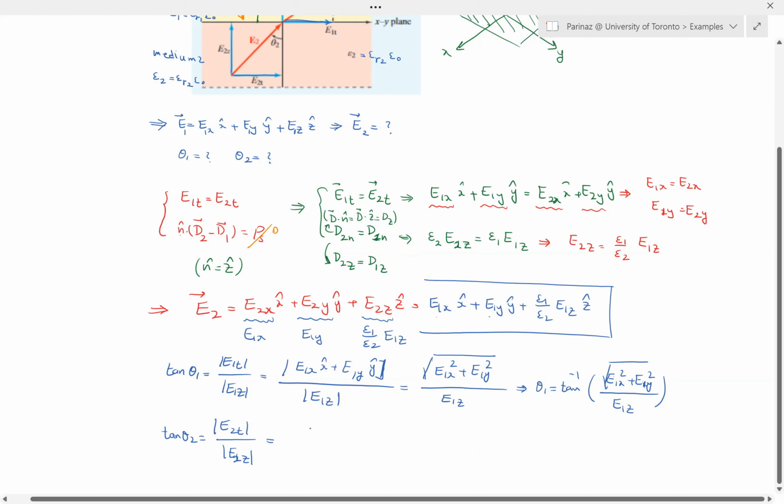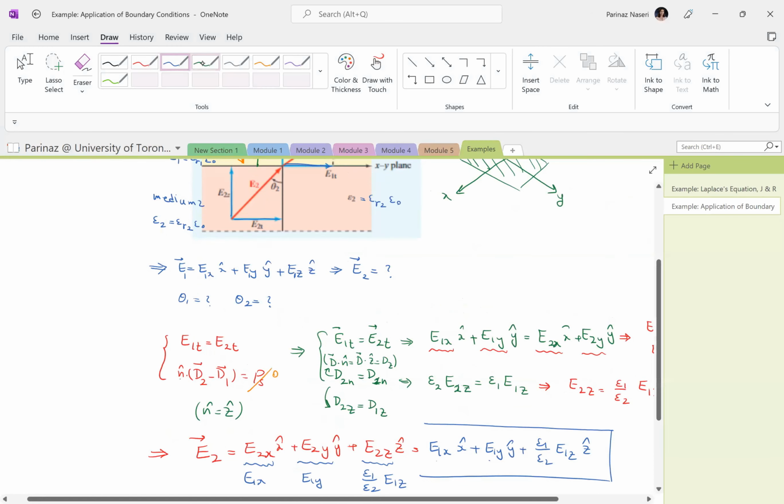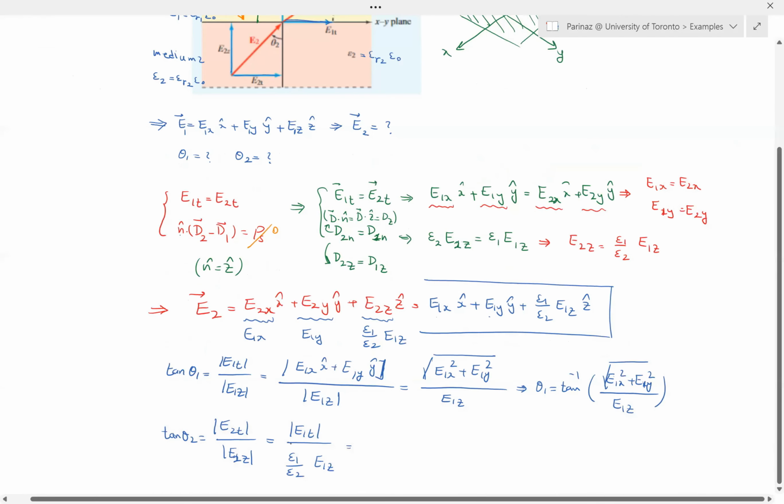Now, E2t is exactly the amplitude of E1t, and E2z is going to be epsilon 1 over epsilon 2 E1z, which we just found out. We defined this as tangent of theta 1.